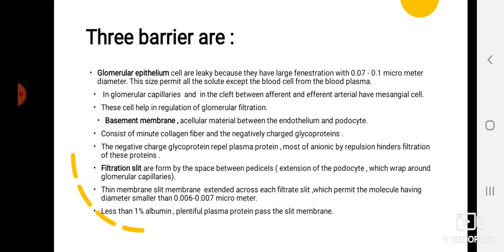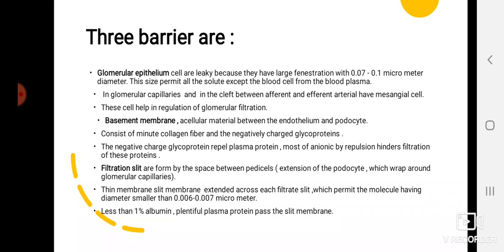You understand this point? If the surface area of the glomerular capillaries decreases, not much fluid is filtered, and the glomerular filtration will be decreased.